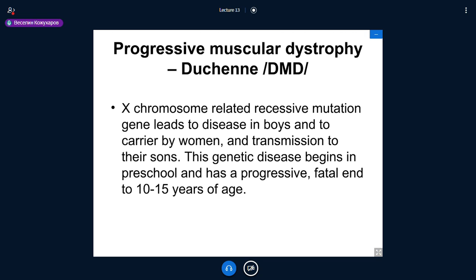This protein dystrophin is indispensable for transmission of neural signals.